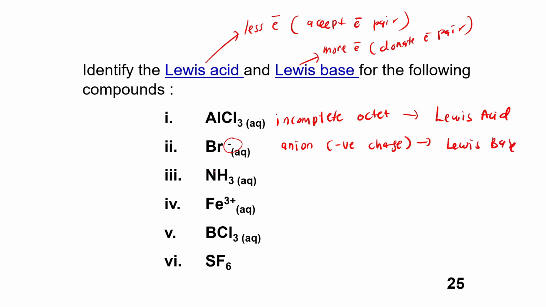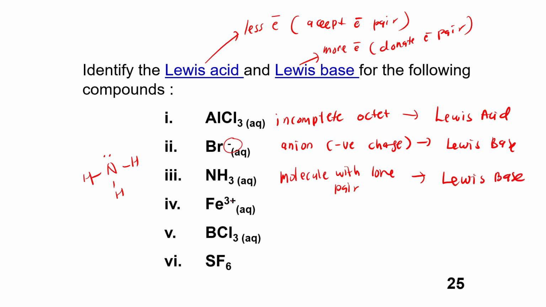NH3. So, NH3 Lewis structure, dia ada satu lone pair. So, molecule with lone pair. So, dia banyak elektron. So, dia boleh donate elektron tu. Jadi, dia ialah Lewis base. Fe3+. So, positive ion. So, ini cation ion kategorinya. So, positive charge.